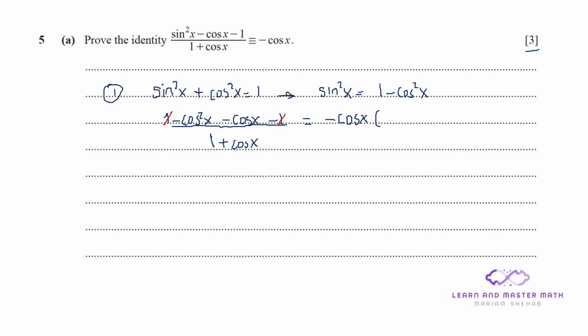So we get cosine x plus 1 over, because addition is commutative, cosine x plus 1, which means we can cancel cosine x plus 1 here, and the answer will be equal to minus cosine x. So you'll take another mark for taking a common factor in this step, and for simplifying the final answer, you get the third mark.